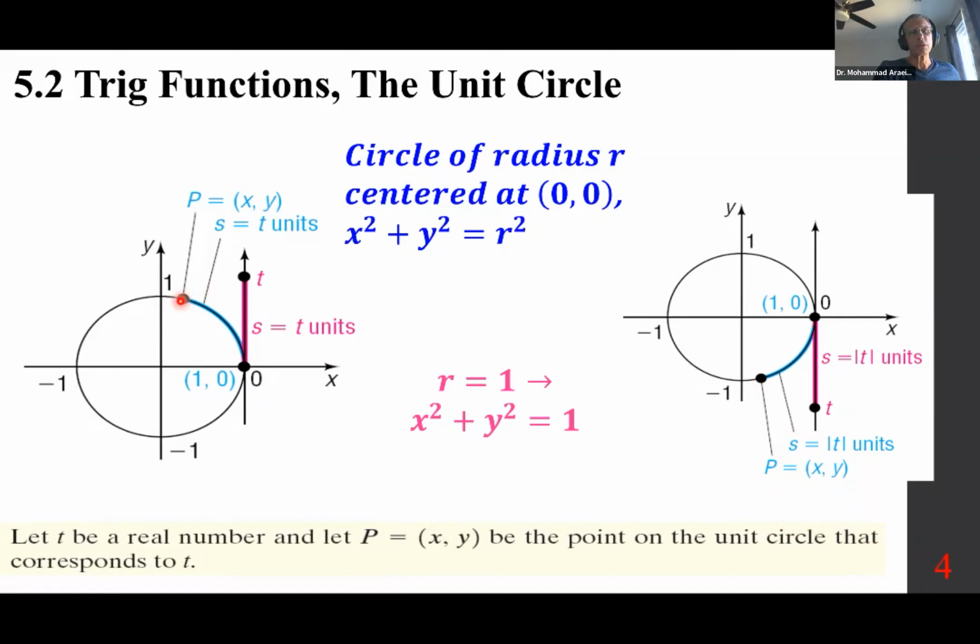For example, right here would be 1, 0, right here would be 0, 1, and any point has coordinates x, y, where x squared plus y squared equals 1. That is a unit circle.